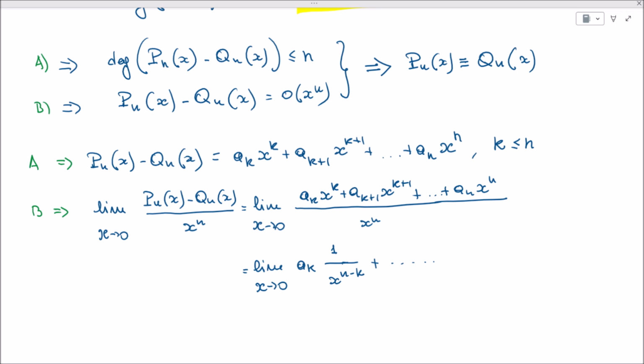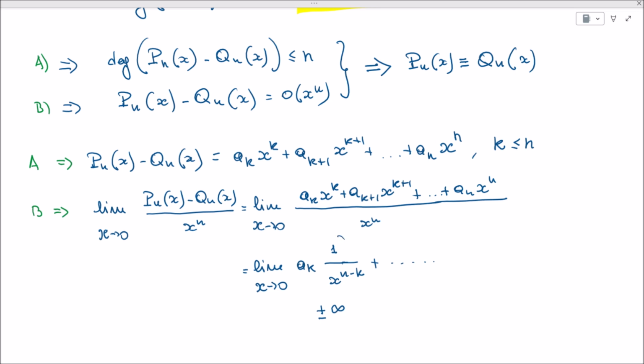But we immediately see that no matter what the other limits will do, this limit will be clearly plus infinity, right? Well, it will be plus or minus infinity depending on the sign of a_k, but what really matters now is that this is clearly right.